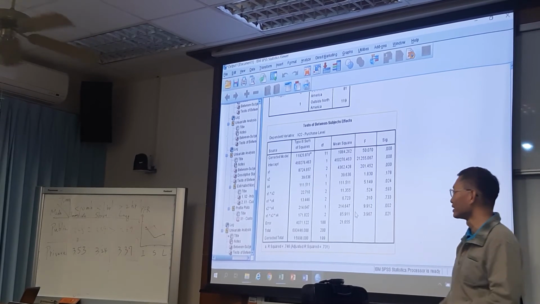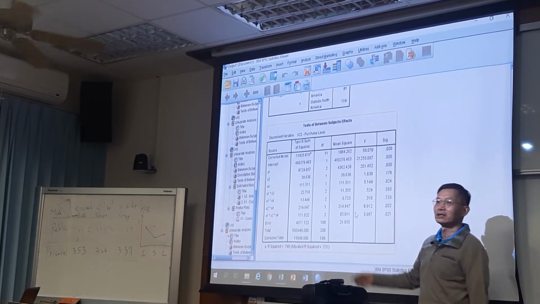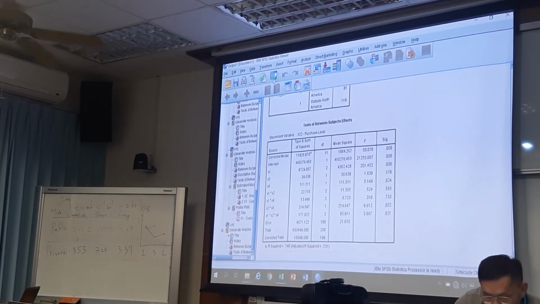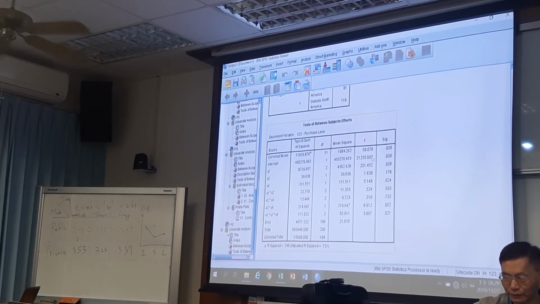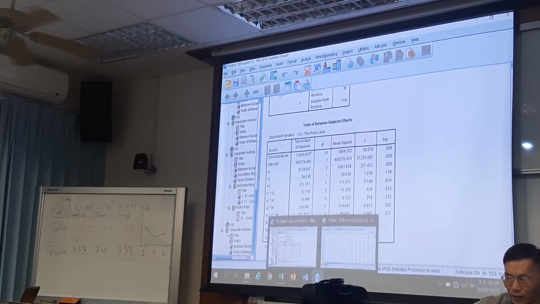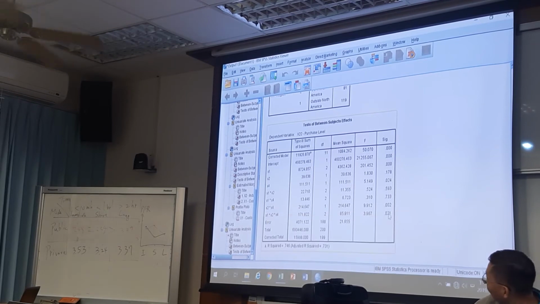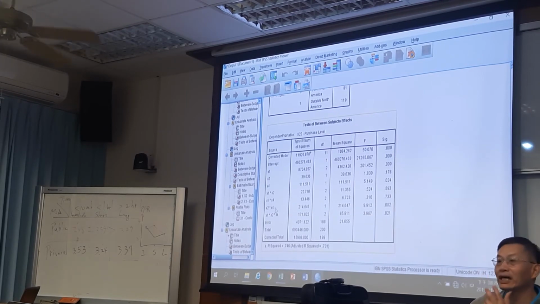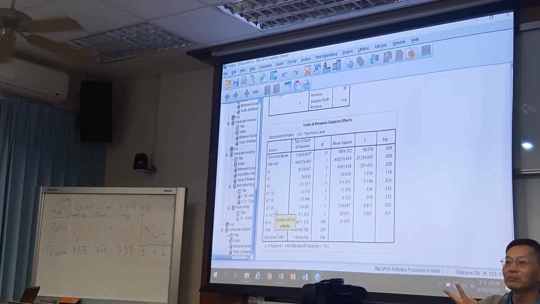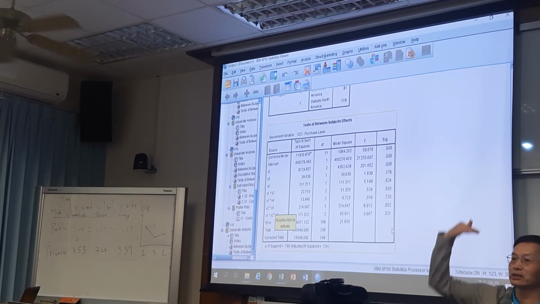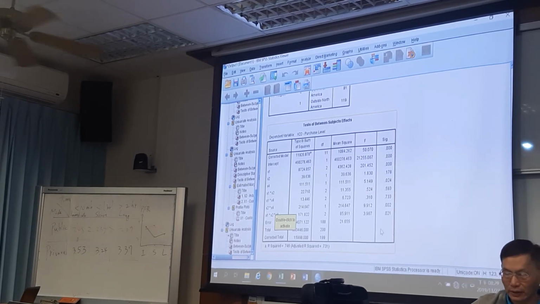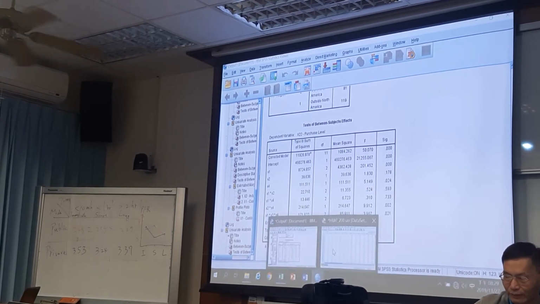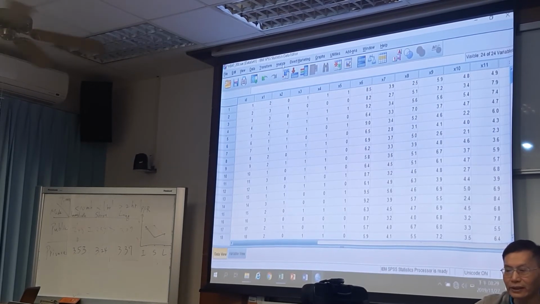Okay, 3-way interaction. Once the 3-way interaction is significant, you don't need to analyze or plot the 2-way interaction, because it's the higher rank. Okay, I'm going to plot.